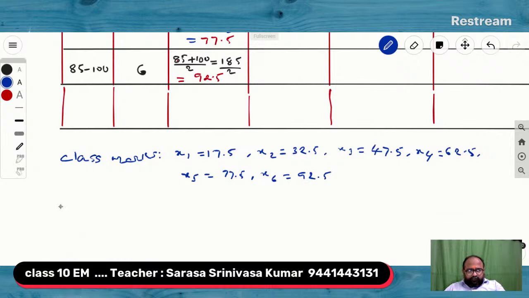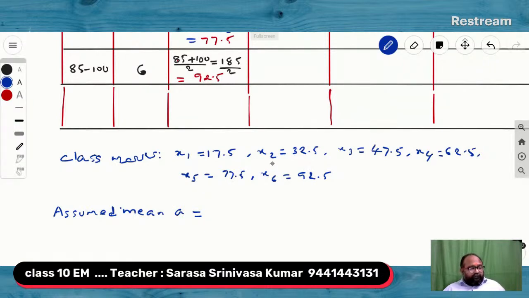So I told you, the assumed mean A equals the center of the values x1, x2, x3, x4 and so on up to xn. I explained this concept in the previous class.